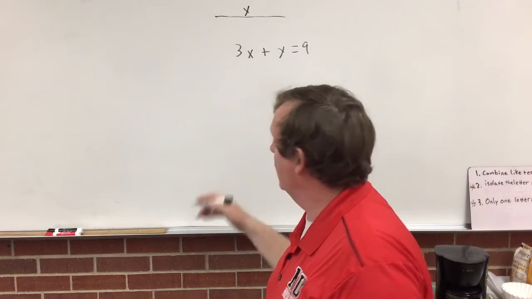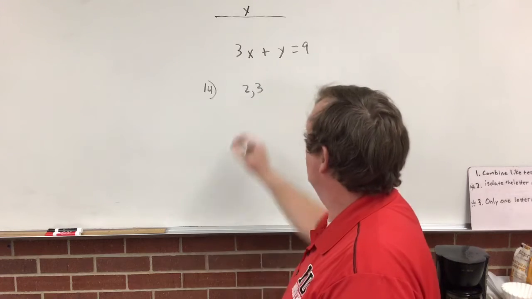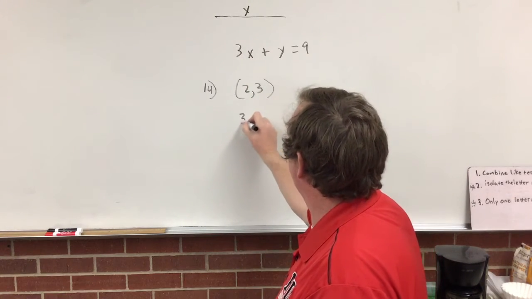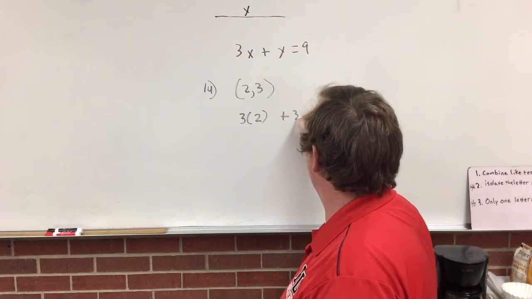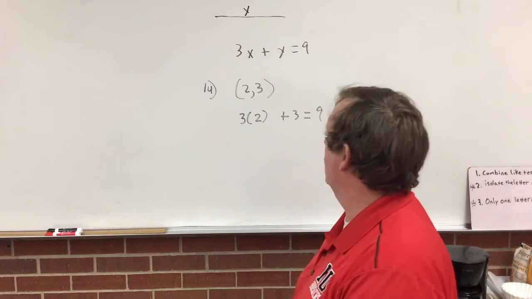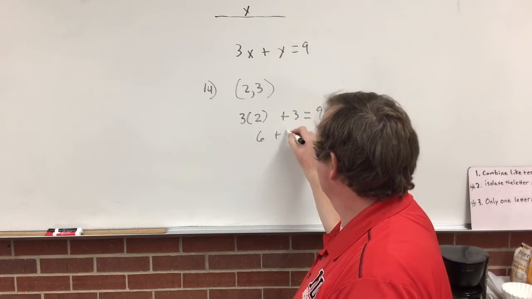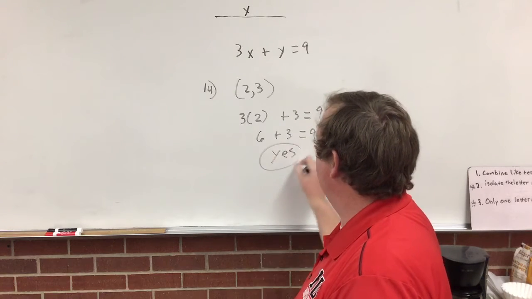All you have to do is take the ordered pair, like in 14, we'll do that one, (2, 3). So 2 is the x, so I substitute that in. So now I have 3 times 2 plus, and then 3 becomes y. So 3 times 2, 6. 6 plus 3, 9. The answer to that one is yes.